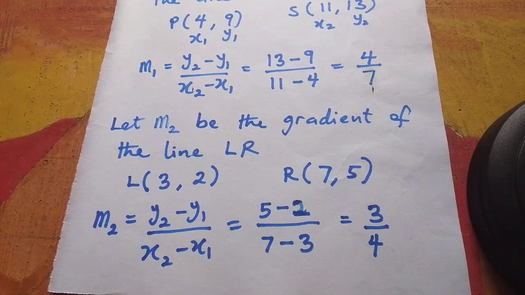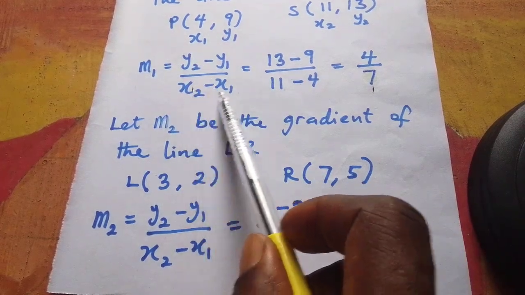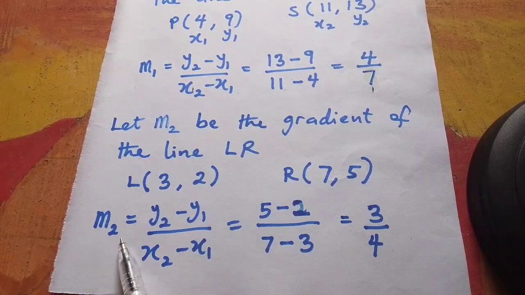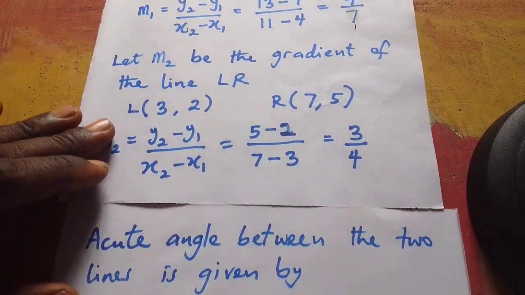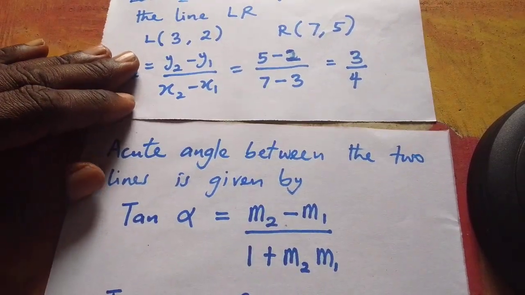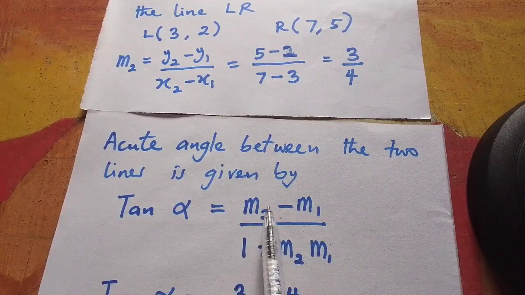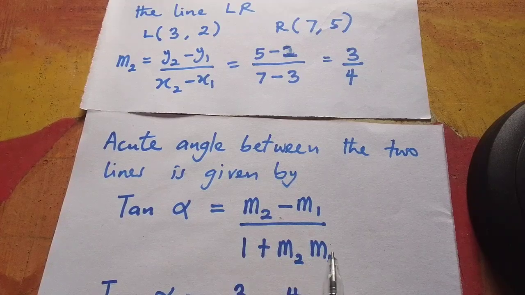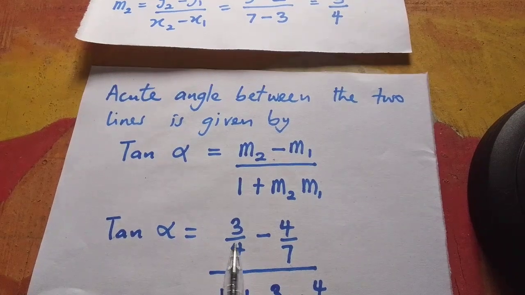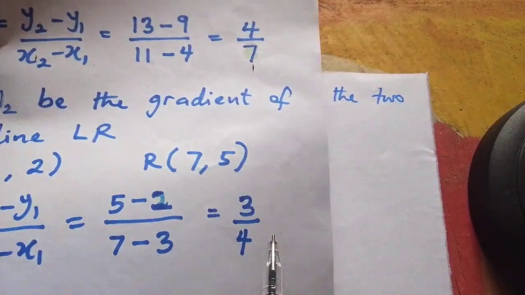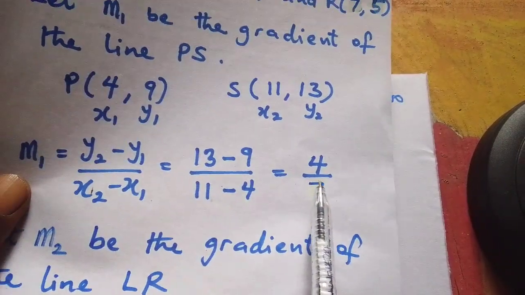Now, PS is a line, LR is another line. So what is the angle in between them? The acute angle in between them can be calculated like this: tan alpha is equal to m2 minus m1 over 1 plus m2 times m1. So tan alpha is equal to, our m2 is 3 over 4 and our m1 is 4 over 7.